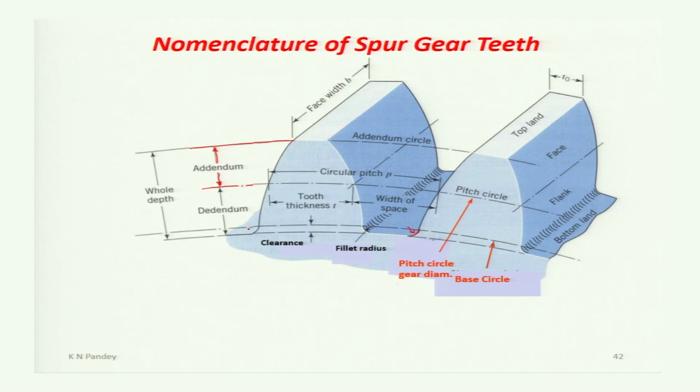The depth of the gear tooth from the pitch circle to this bottom circle, which is called the dedendum circle, is called the dedendum.